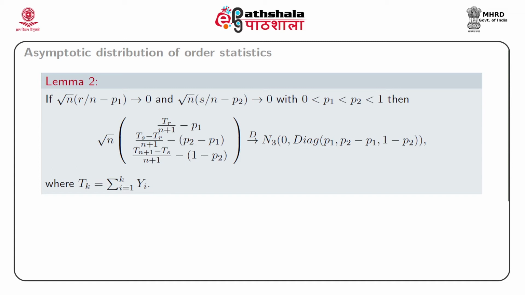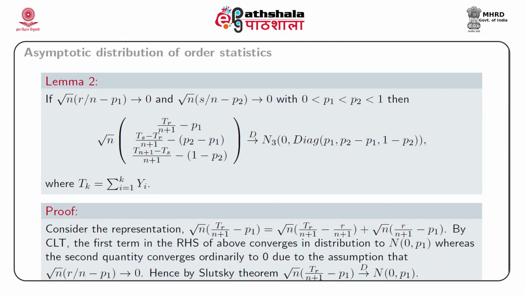First of all, for a proof, consider the representation square root of n tr by n plus 1 minus p1 equal to square root of n tr by n plus 1 minus r by n plus 1, plus square root of n r by n plus 1 minus p1.